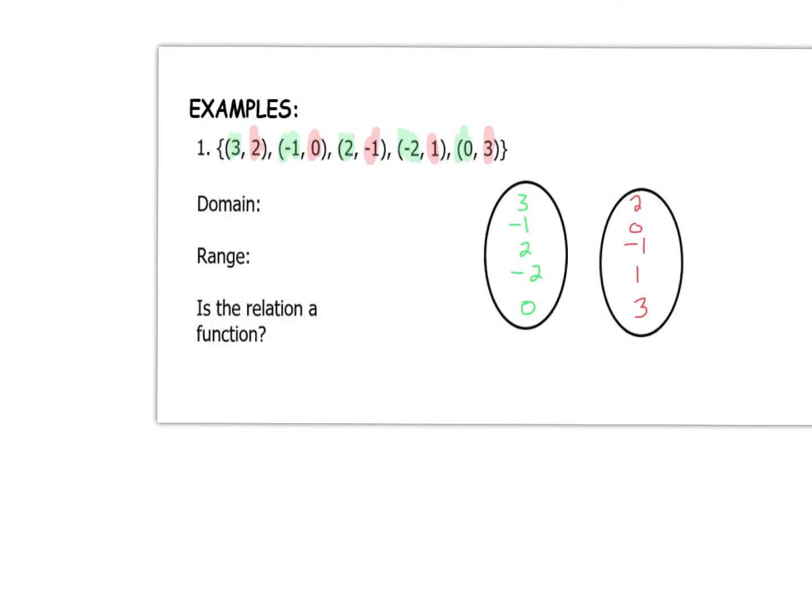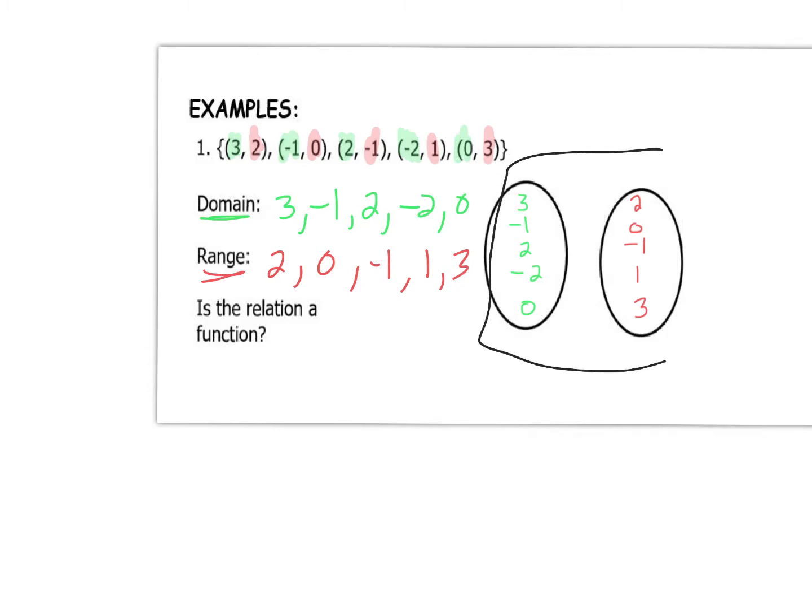If we were asked to list these things, like it says right here, domain, we'd have 3, -1, 2, -2, 0. Range values is going to be 2, 0, -1, 1, and 3. Now, if I was showing the mapping relation, because that's what this is, it's showing you a map.